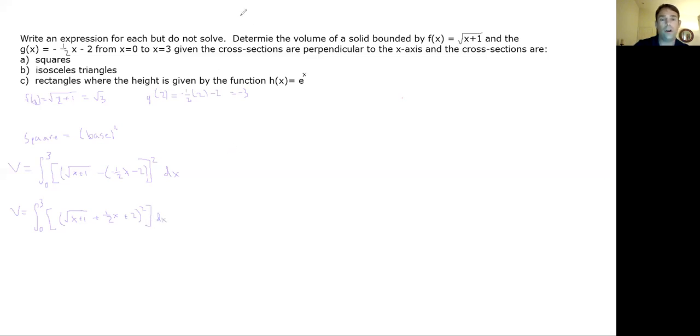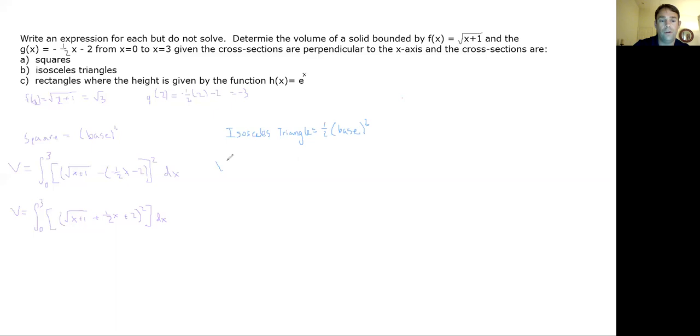Our next up is our isosceles triangle. So the isosceles triangle, that's going to be 1/2 the side length squared. So 1/2 times the base squared.